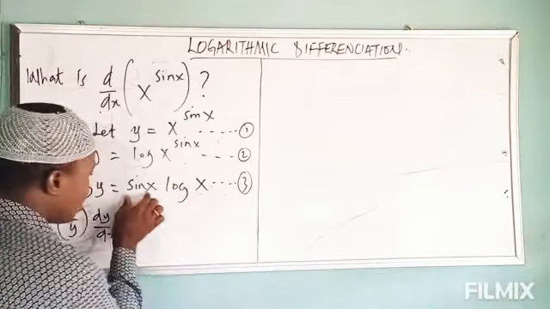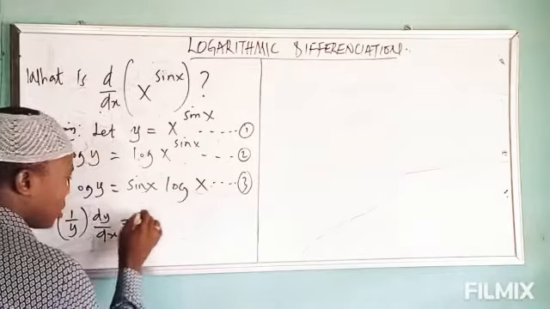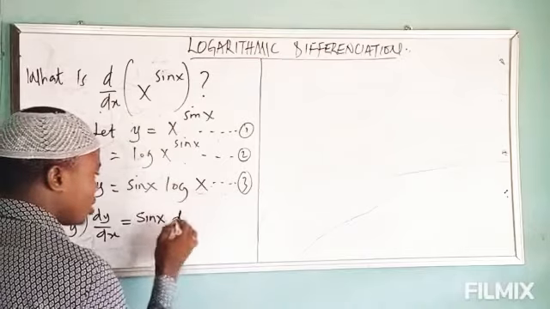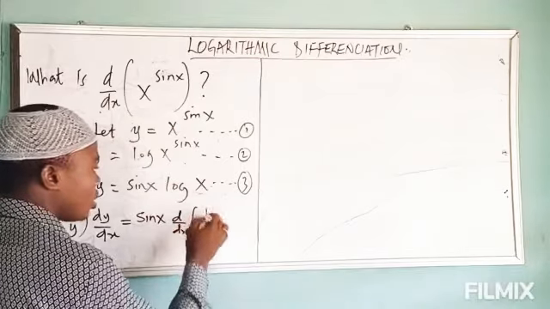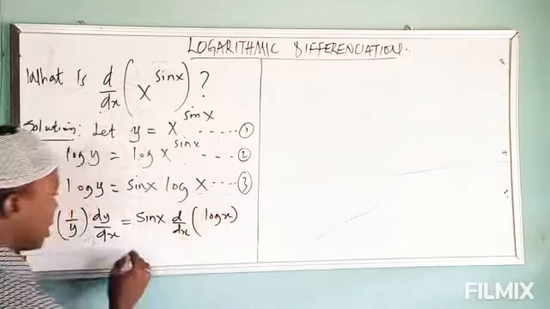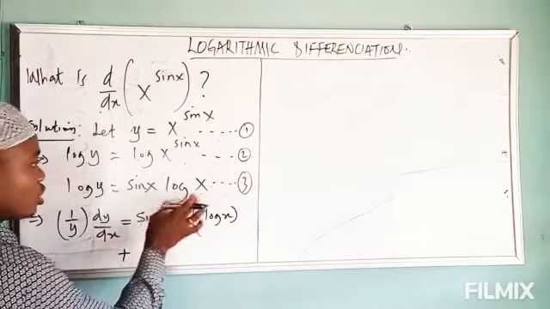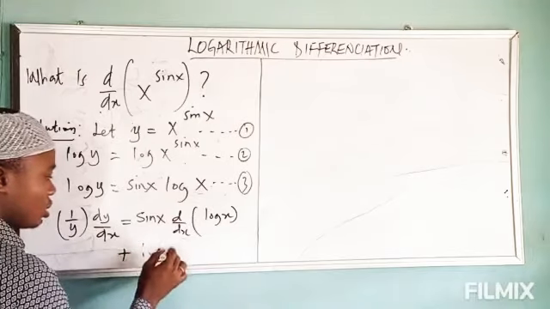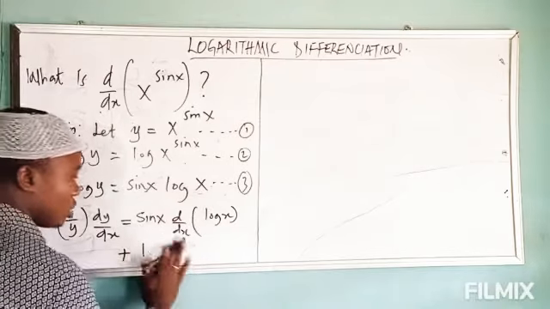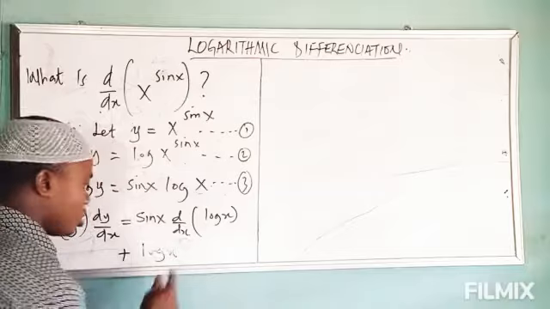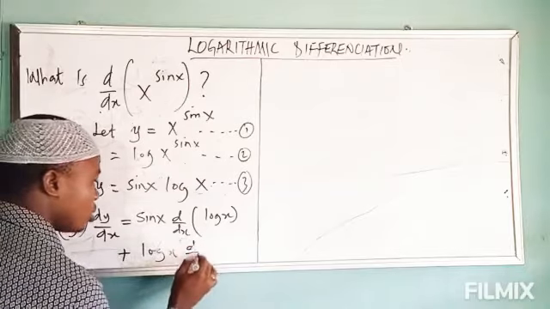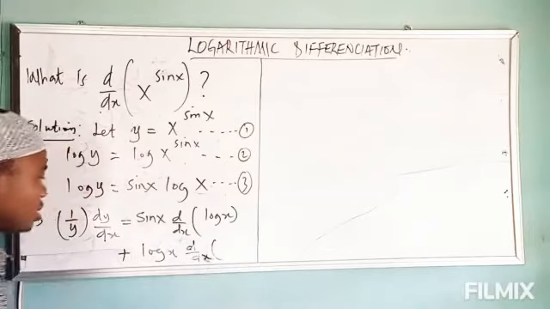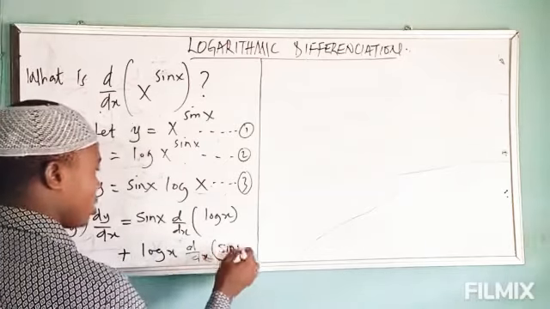Let's say we keep this sine x, then you differentiate this one, that is dx log x, then plus, you keep this, you differentiate this, that is log s ds into bracket sine x.